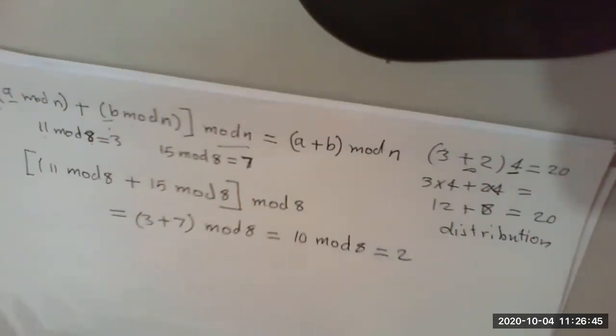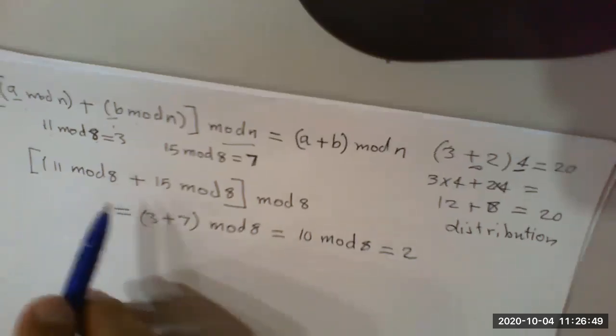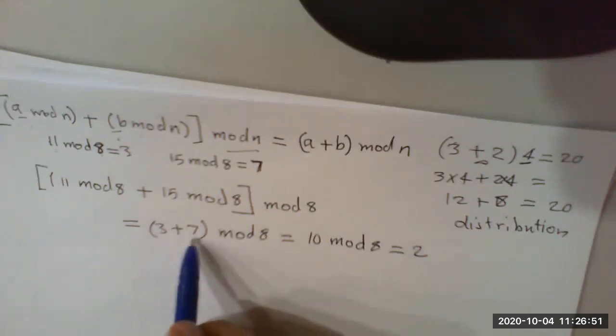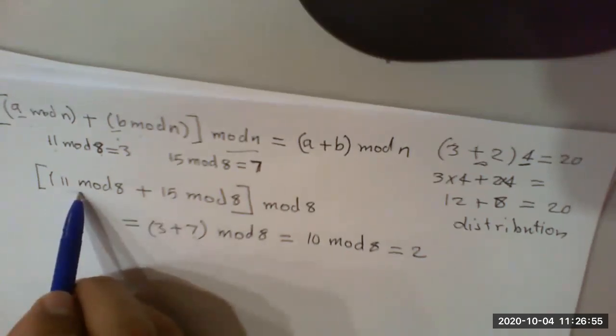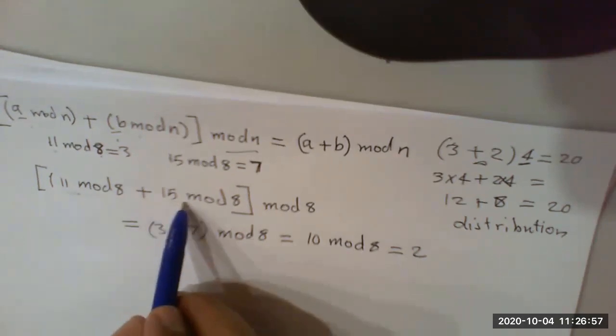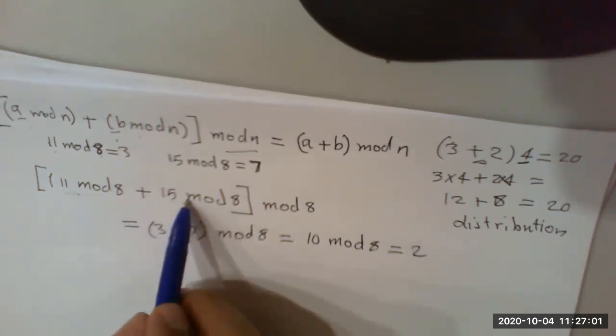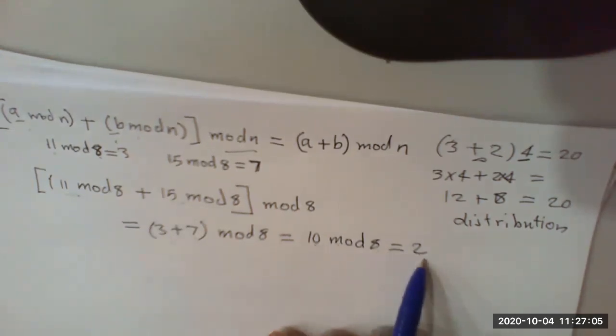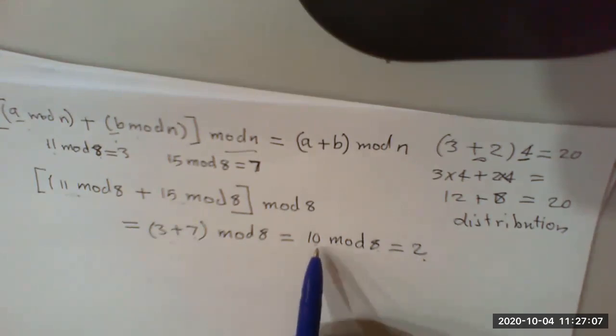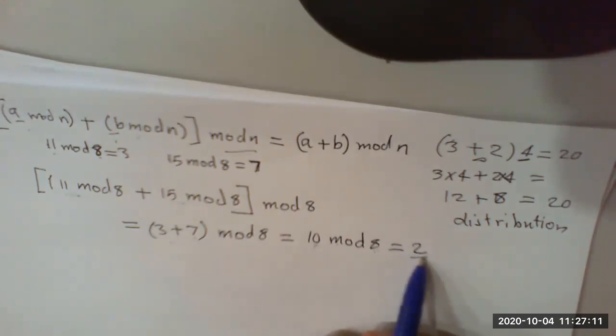The result is 2. If I sum 3 plus 7, it gives me 10, and 10 mod 8 equals 2, because dividing 10 by 8 gives a remainder of 2.